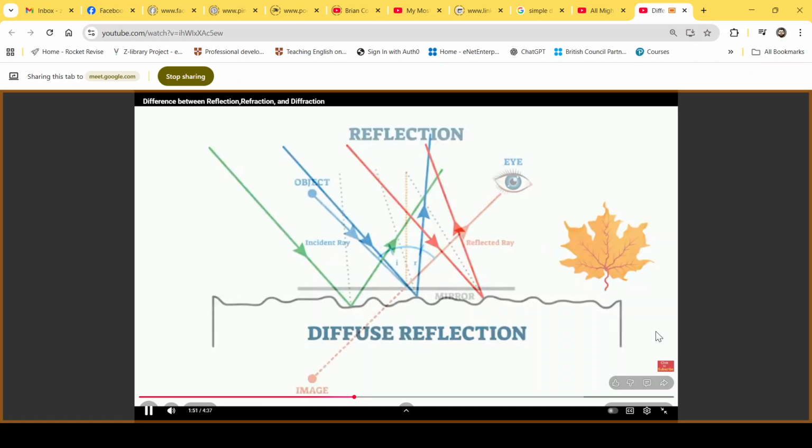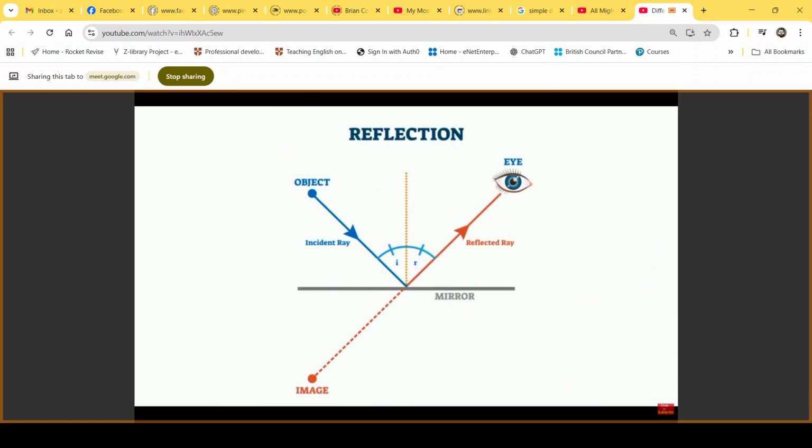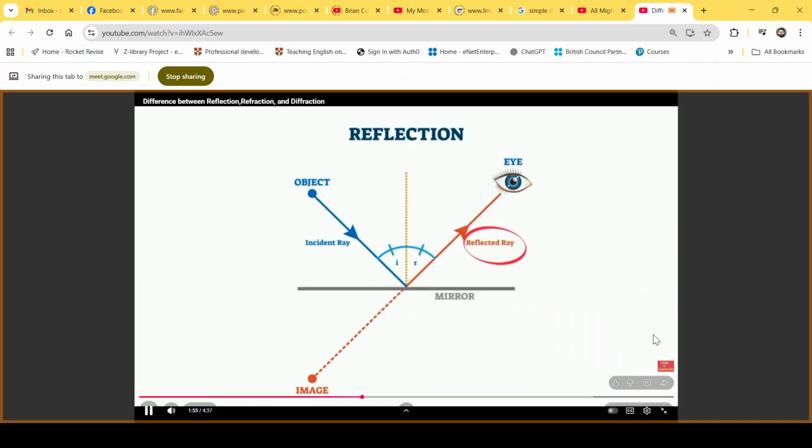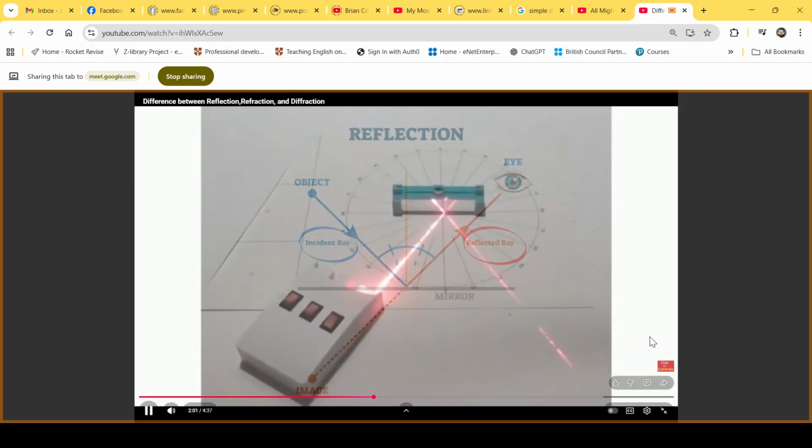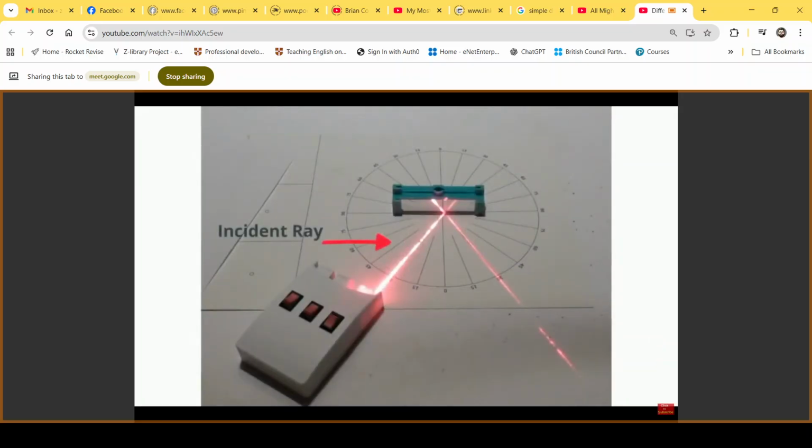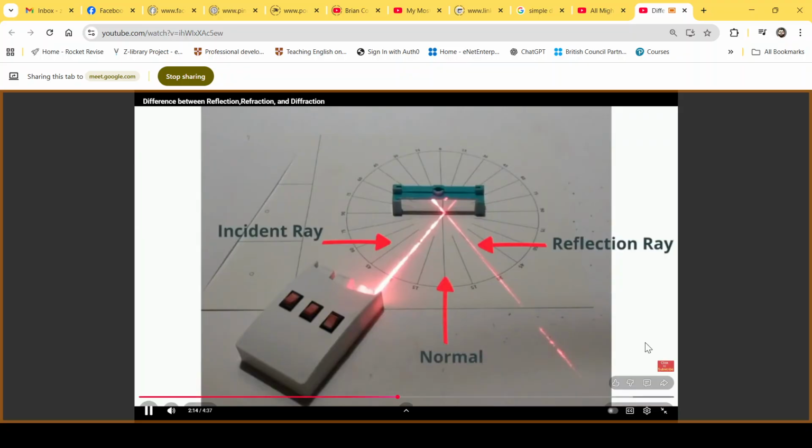With specular reflection, the law of reflection states that the angle of reflection of a ray equals the angle of incidence. So let's identify a couple of items. Here's the ray of incidence. Here's the ray of reflection. And a line perpendicular to the surface is called the normal line. And again, it's perpendicular to the point where the light rays strike the surface.